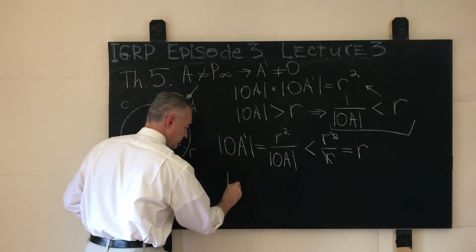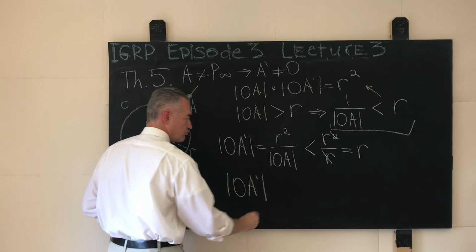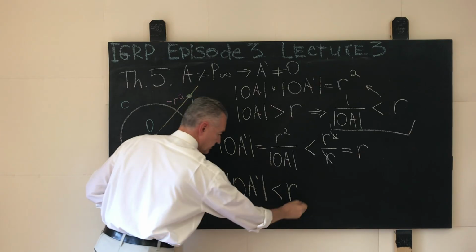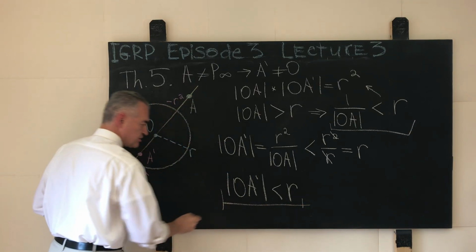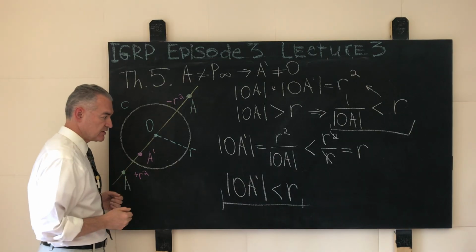And then we obtain that the distance from the center of inversion to the image point A prime must be strictly less than R, and that algebraic relation is translated back into the language of geometry as follows.